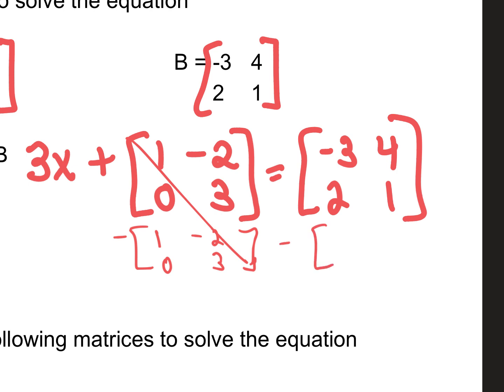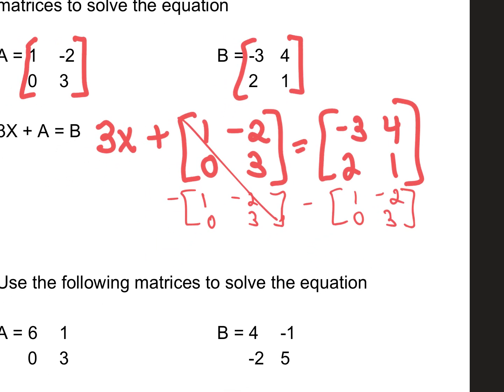So we're going to subtract 1, negative 2, 0, 3. Right? We're going to get 3x equals, well, if we subtract these, negative 3 minus 1 is negative 4. 4 minus negative 2 is 4 plus 2, which is 6. 2 minus 0 is just 2. And then 1 minus 3 is negative 2.